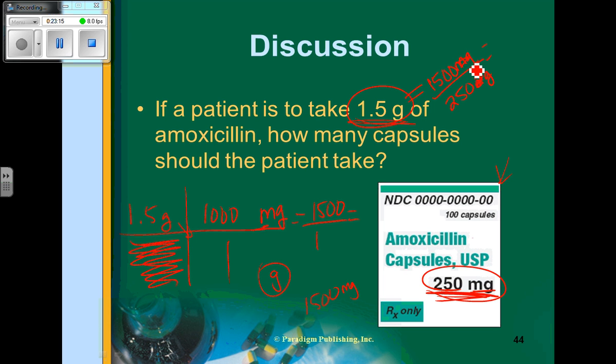And 1,500 divided by 250 would be 6. So the patient would take 6 capsules, and that's equal to 1.5 grams or 1,500 milligrams.